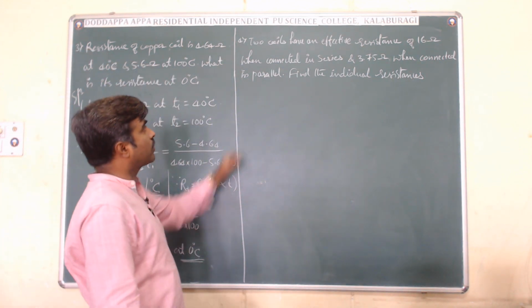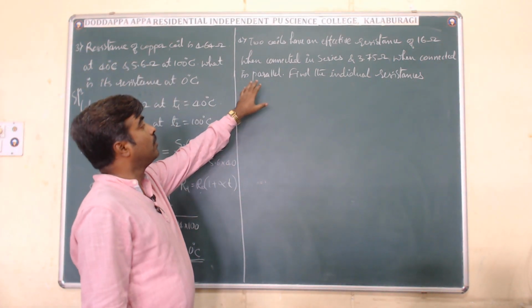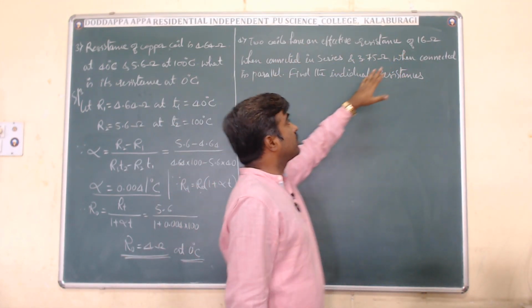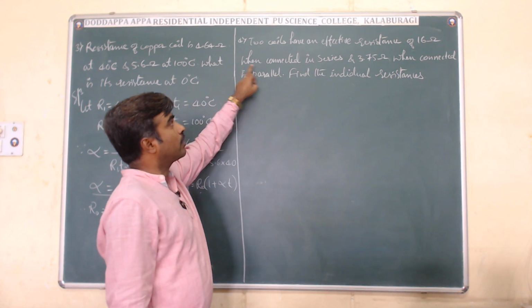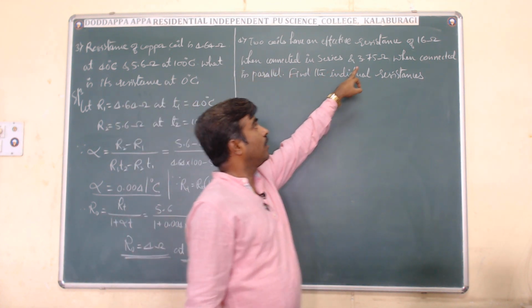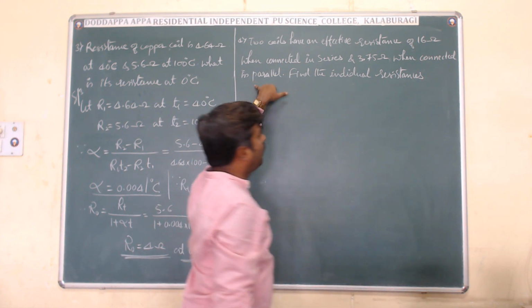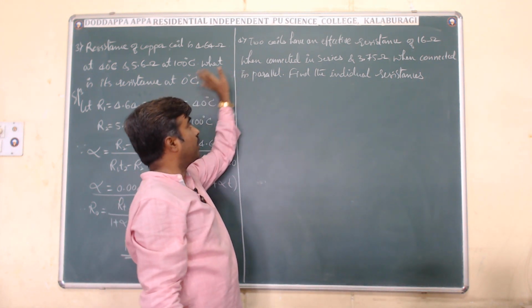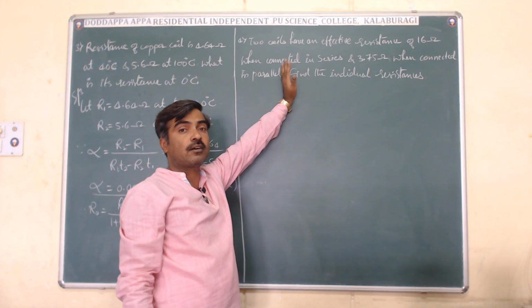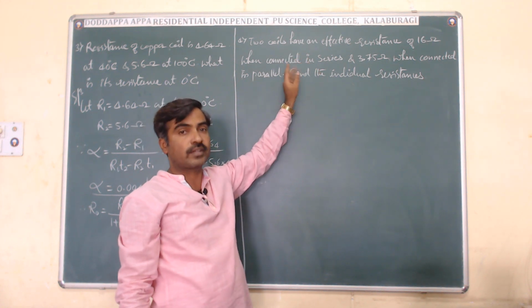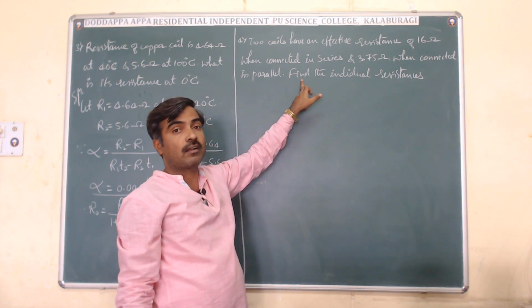Now come to the next question. Two coils have an effective resistance of 16 ohms when connected in series and 3.75 ohms when connected in parallel. So now directly I have jumped to the combination of resistance, series and parallel combination.